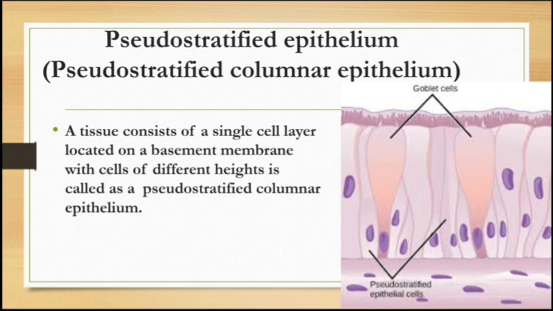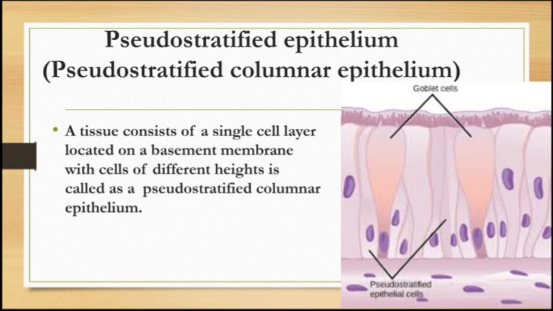There are column-shaped cells, but you can identify that not all cells come to the open area. Only some cells reach the open apical surface, and some do not. So the nuclei of cells are at different levels. In a microscope it appears as several layers, but it's only a single cell layer.